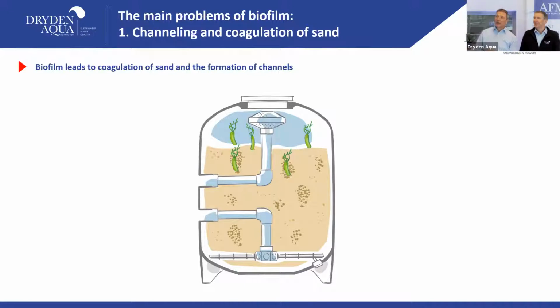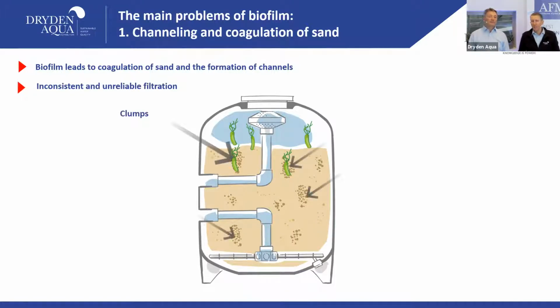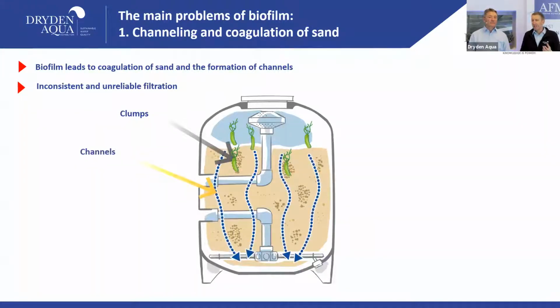Okay, and what's the problem with this biofilm? I mean, why do we mess around with this biofilm? Yeah. So there are a number of problems. One of the first ones we want to mention is the channeling and coagulation of sand. Biofilm leads to clumping and channeling of the bed. The sand grains will start to stick together because of the biofilm.